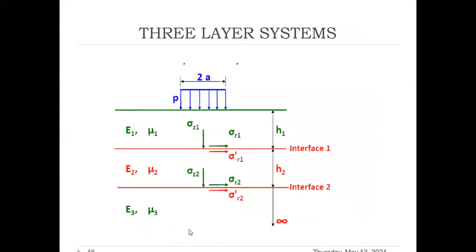Let's move on to a three-layer system. Obviously, the first one is an asphalt layer, the second one is an aggregate base layer, and the third one is the subgrade. Each one of them has different properties, as shown. And you can calculate sigma at this interface, at this surface, and all the values of stress.